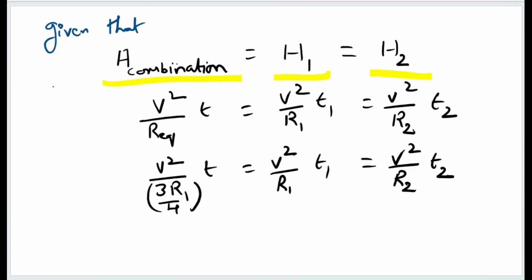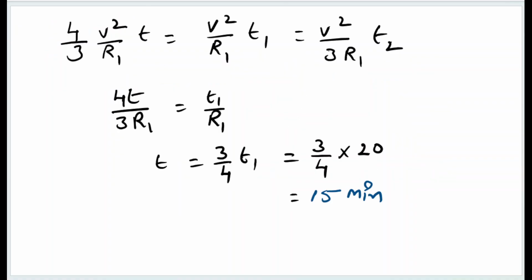With R equivalent as 3R1 by 4, the 3R1 by 4 goes up: 4 by 3 V square by R1 into T equals V square by R1 into T1, equals V square by 3R1 into T2. Cancelling V square, we have 4T by 3R1 and T1 by R1.